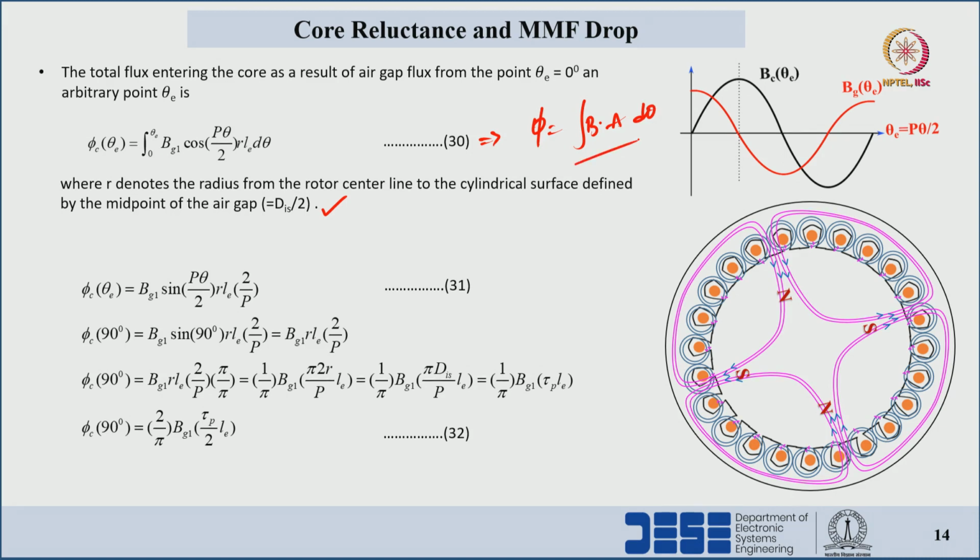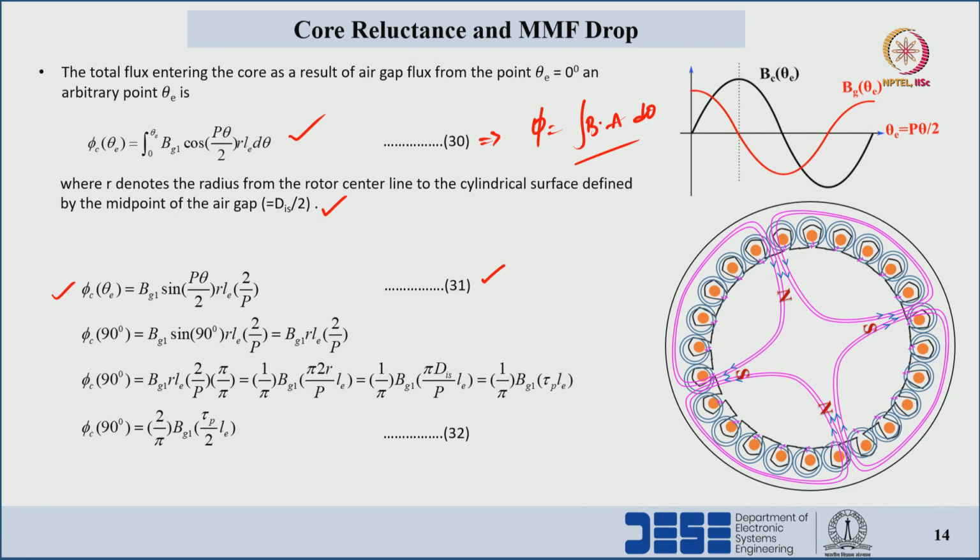Based on that equation we can rewrite the flux value with respect to the core. So, phi c is equal to Bg into sin theta, since the integration of cos will be sin, into r Le and 2 by P, which comes by solving equation number 30. Now, we will rearrange the terms.